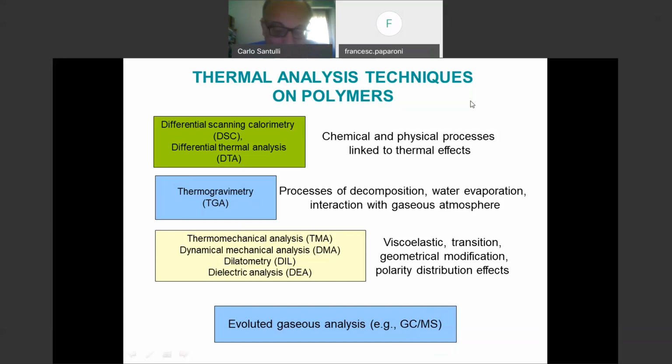Then there is the behavior during combustion, which is going to be treated a little bit next time. So the so-called evolved gases analysis, basically gas chromatography and mass spectrometry. You evaluate the gas development from polymers, and you see whether they are able to get to combustion or not, which is one important point.